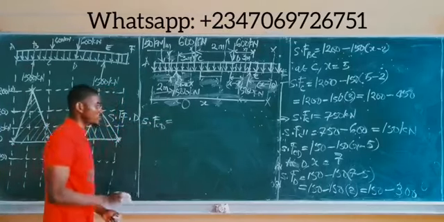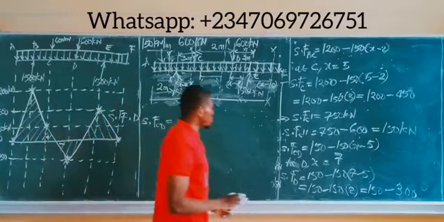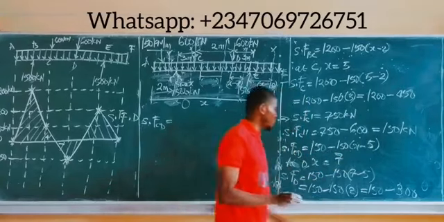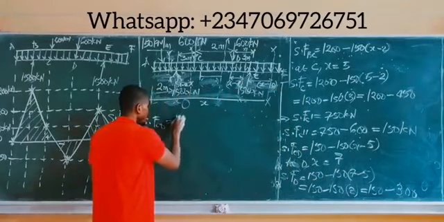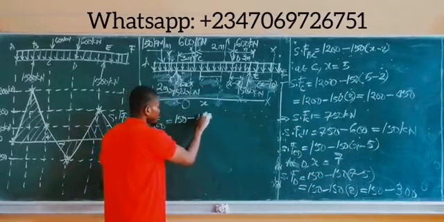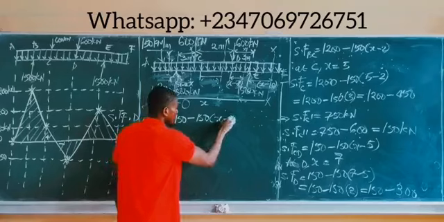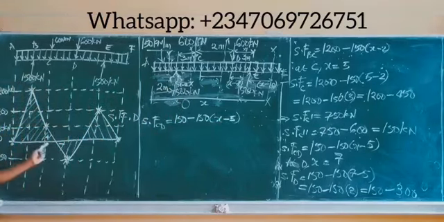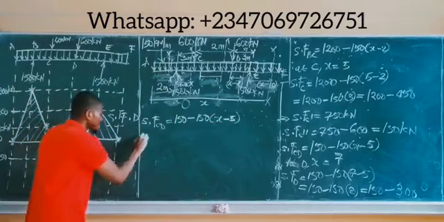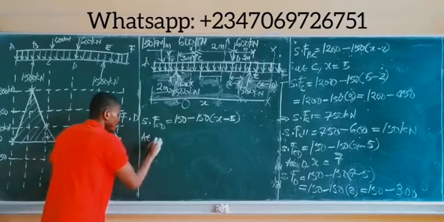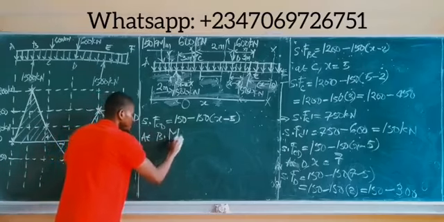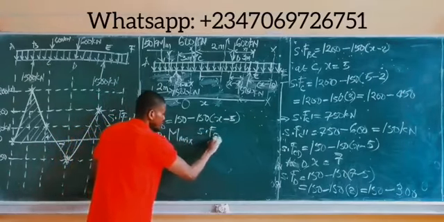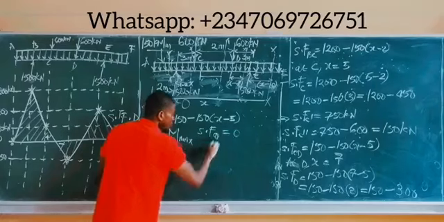Let's get the shear force equation between CD. The shear force equation between CD is simply 150 minus 150 into x minus 5. This is the shear force equation along CD, and that is where bending moment is maximum. Now, at maximum bending moment, the shear force along CD is equal to 0.